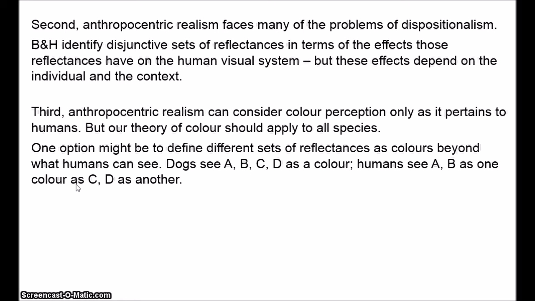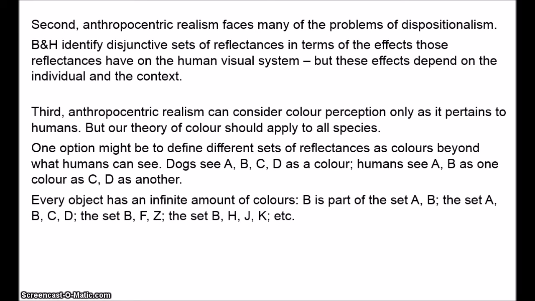Now notice that this means that the same reflectances can have different colours. Indeed, on this view, every object has an infinite number of colours. Reflectance B, for instance, is part of the set AB, it's part of the set ABCD, it's part of the set BFZ, it's part of the set BHJK, and so on. Now, it counts as red because it's part of the set that has the appropriate effects on the human visual system.